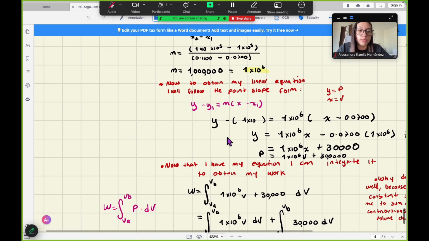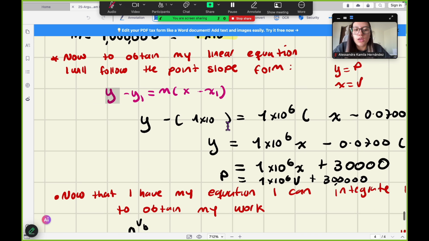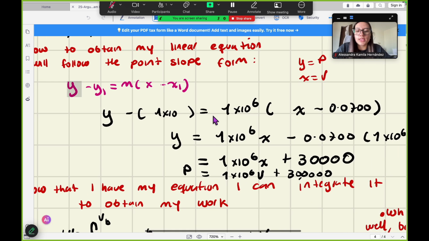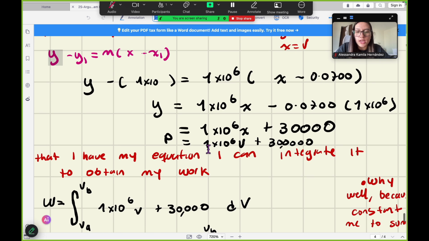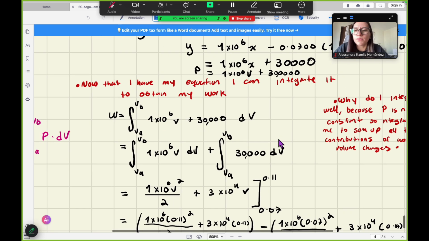Now I need to obtain my linear equation to relate pressure with my volume. So I'm assuming y is my pressure and x is my volume. At the end, with all of this algebra, I get that my pressure is equal to 1 times 10 to the 6 times volume plus 30,000, a constant of 30,000, yeah.